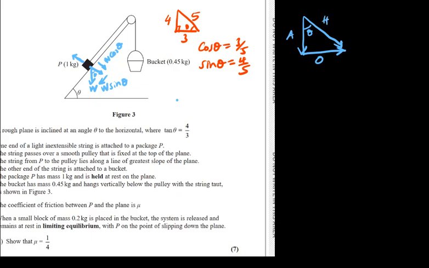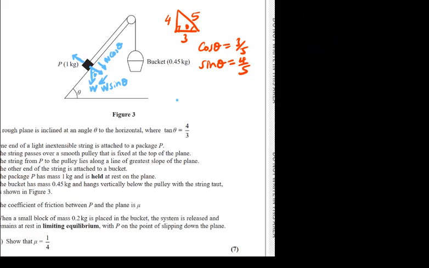So to get sine theta, we take the opposite divided by the hypotenuse. So the opposite is basically W sine theta, and the adjacent is W cos theta. So that's the knowledge that we are linking to apply over here. So we have everything set.